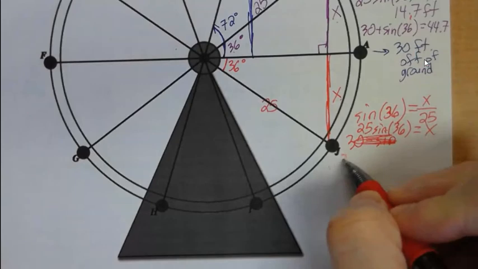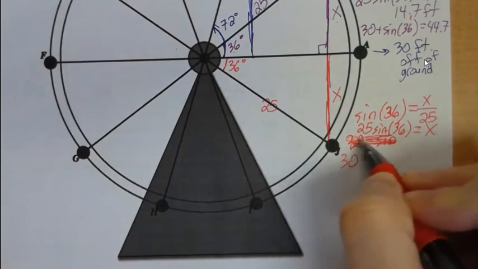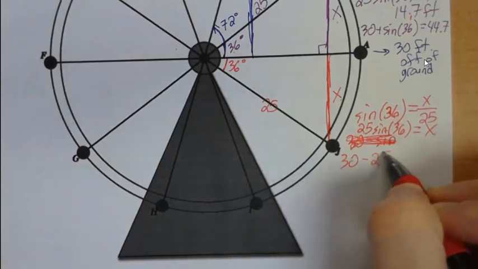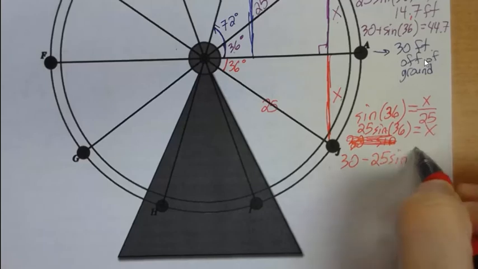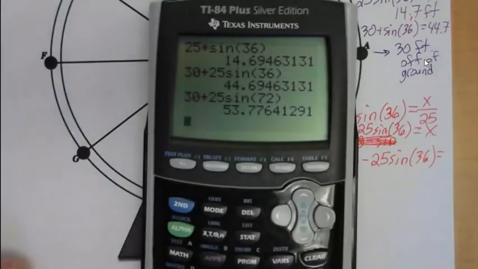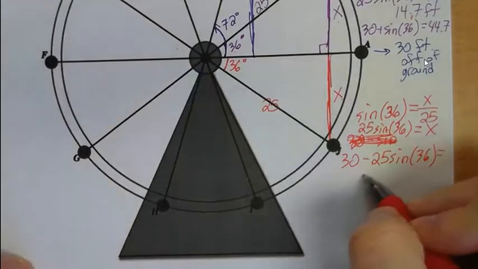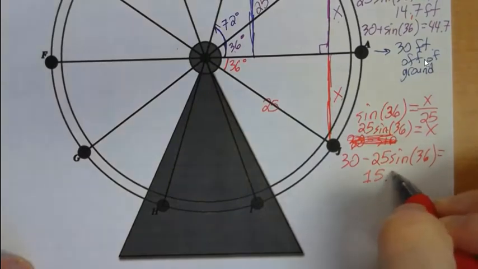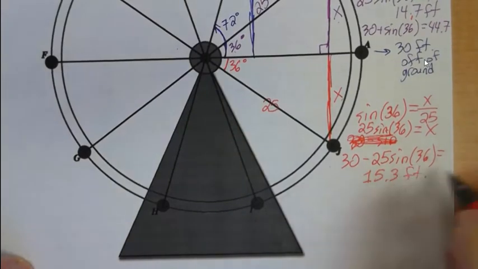So what we're really doing is 30 minus 25 sine of 36 degrees. And we can do some quick calculation: 30 minus 25 sine of 36, and that's 15.3. Only 15.3 feet off of the ground.